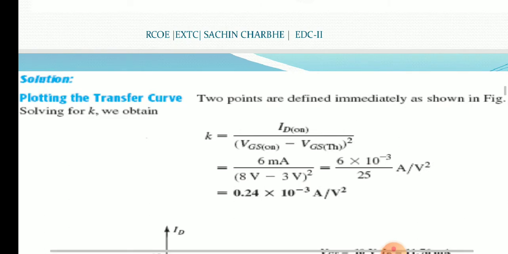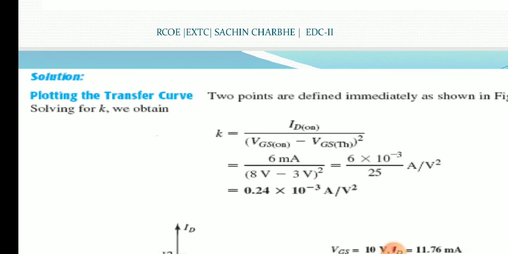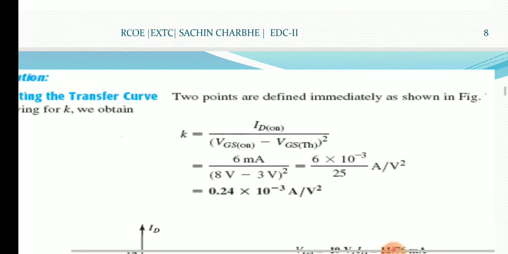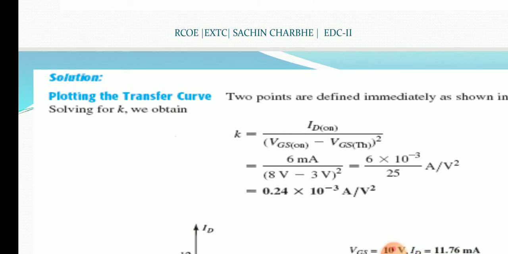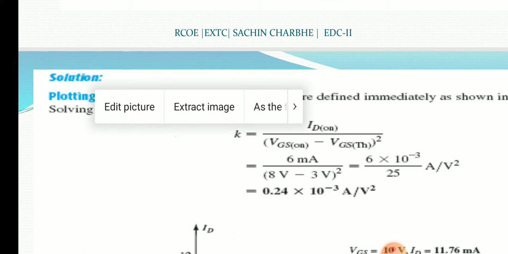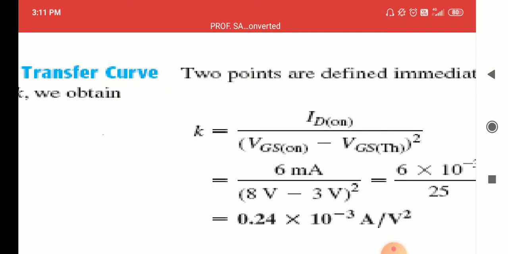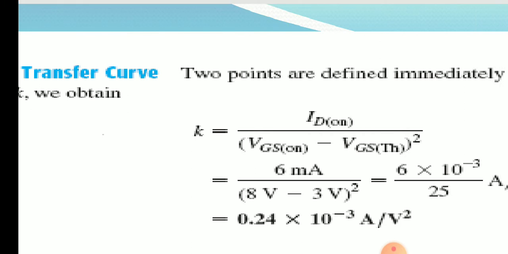First we have to calculate and plot the transfer curve. Two points are defined immediately as shown. So we first have to calculate the value of K. K can be calculated by ID on divided by (VGS on minus VGS threshold) whole squared. Put the value of ID on, that is 6 milliampere, over (8 volt minus 3 volt) whole squared.